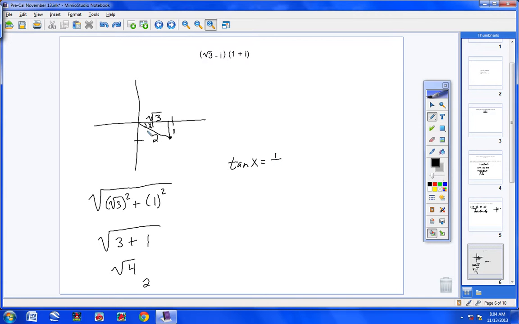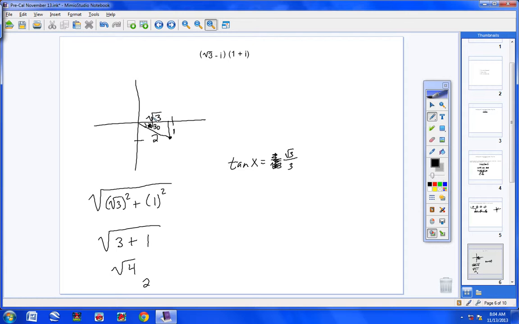So tangent of x is opposite over adjacent, 1 over square root of 3, and of course 1 over square root of 3, we know this by now, is the same thing as square root of 3 over 3. Now if you were to look on your table, the tangent of 30 degrees gives you square root of 3 over 3. So right here for this x, I'm going to put 30 degrees.